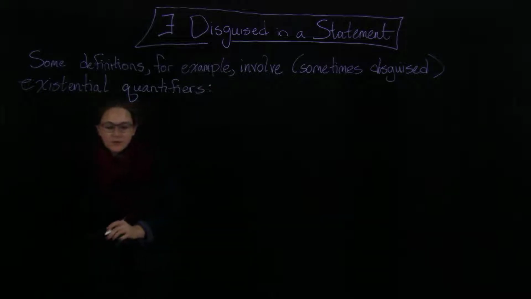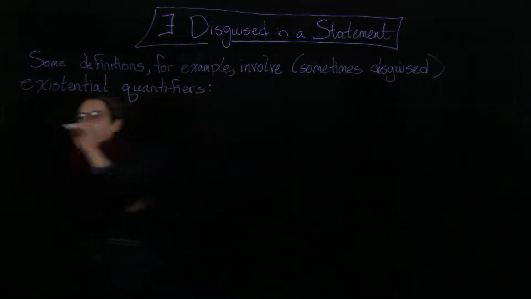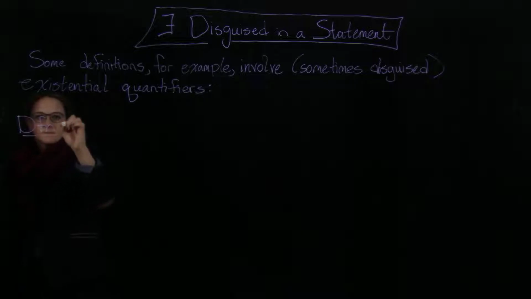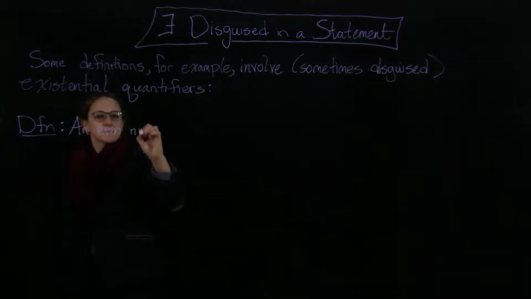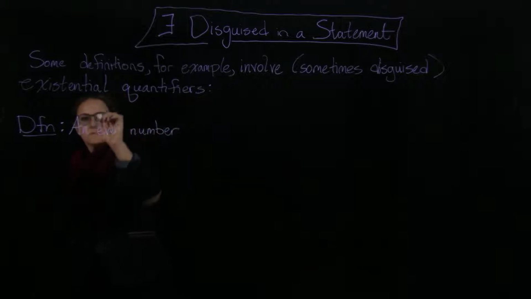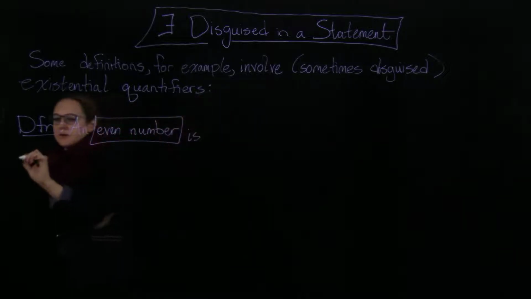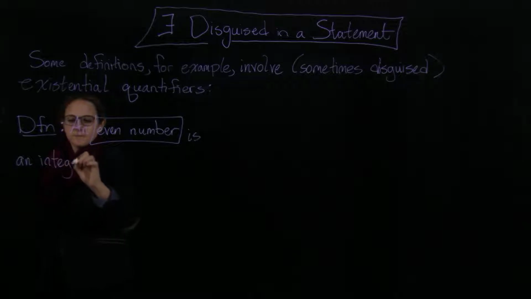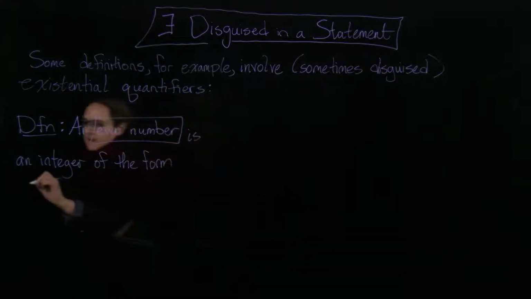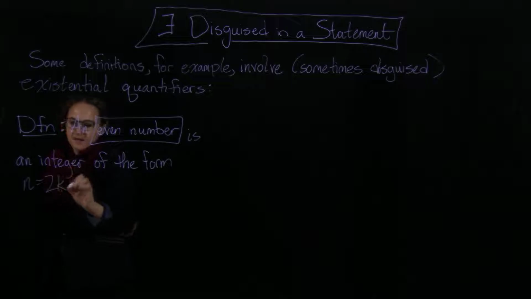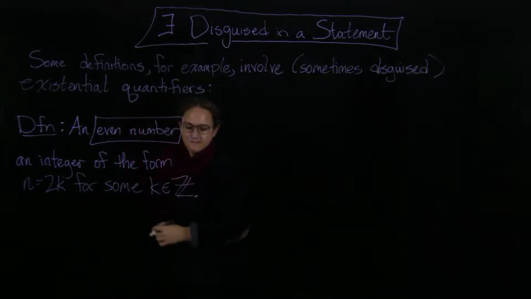Okay, so here's an example. A definition: an even number is an integer of the form n equals 2k for some k in the integers.